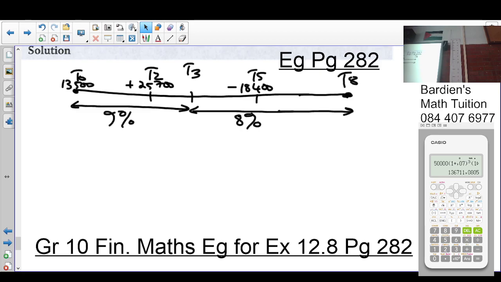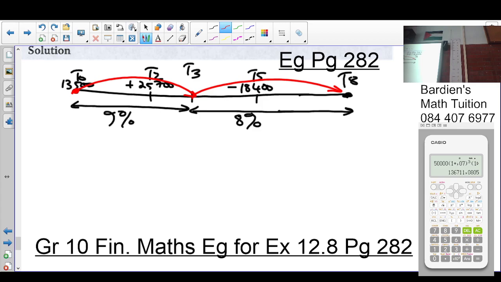So where do we start? We start with this 13,500 rand. What's going to happen to it? You're going to go till? Can I go straight to the end? No. Why? There's an interest change. So I'm going to draw ground here at T3, and then to the end.